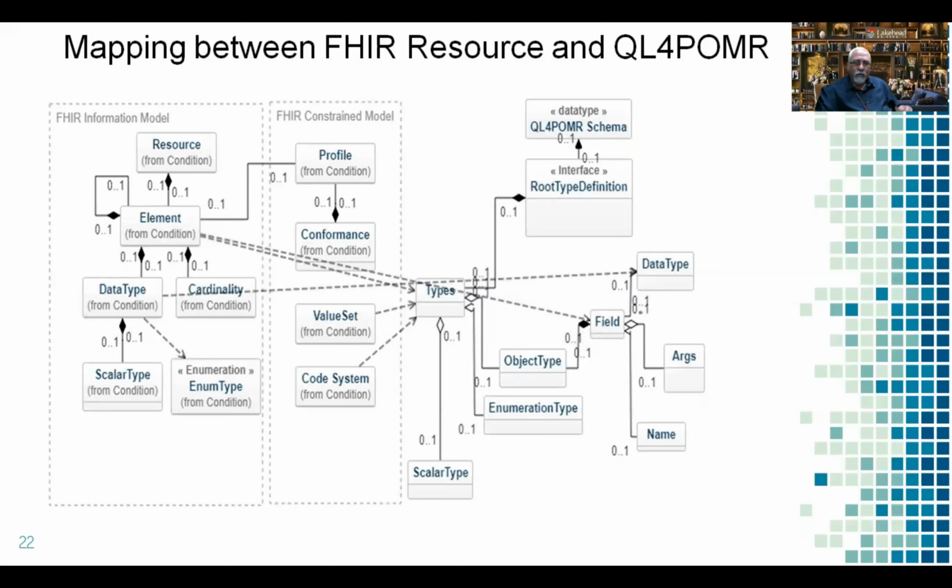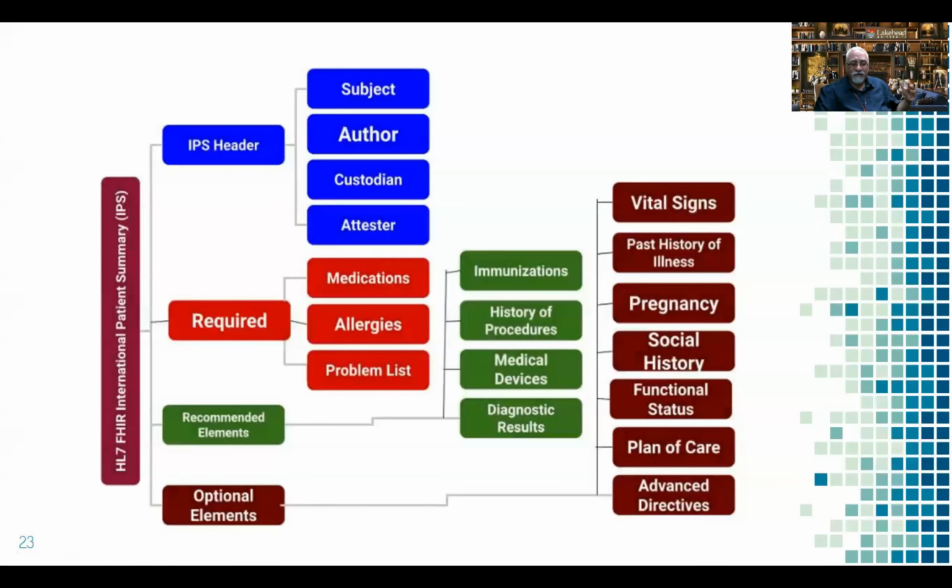Look, when you connect to FHIR, you will need to connect the schema that is for GraphQL or QL4POMR to what we call the resources, the information resources of FHIR, and we did a lot of harmonization in that direction. It's very successful.